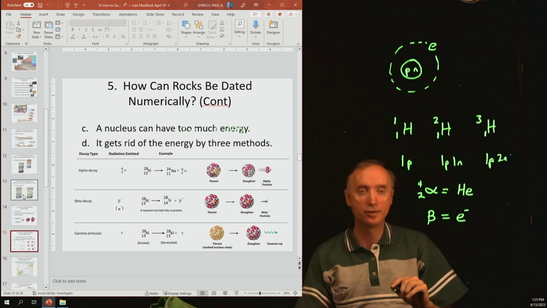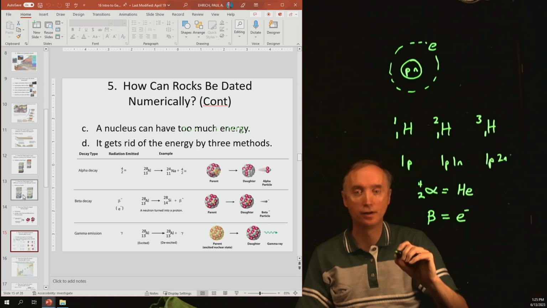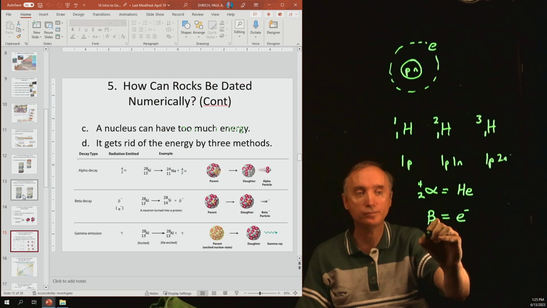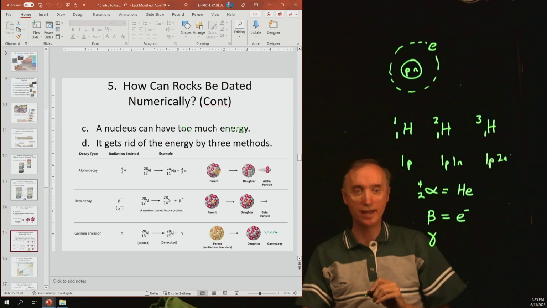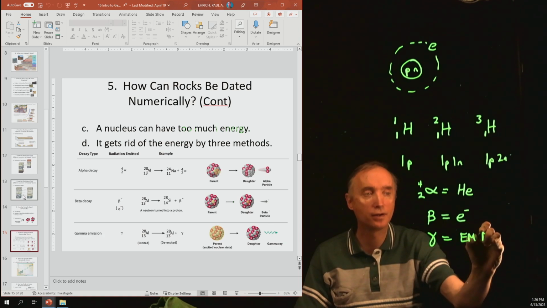The third kind of particle that could be given off is a photon of light. We're going to give it the symbol gamma. This is electromagnetic radiation.